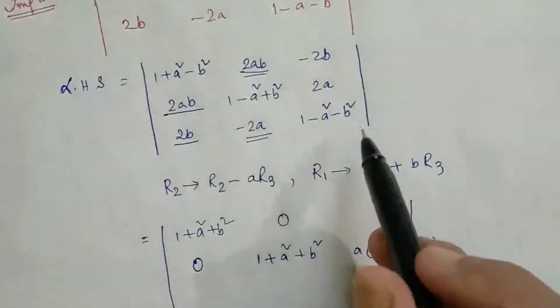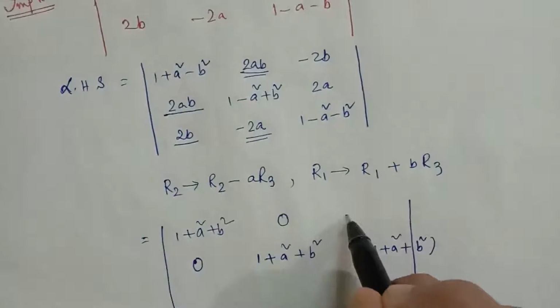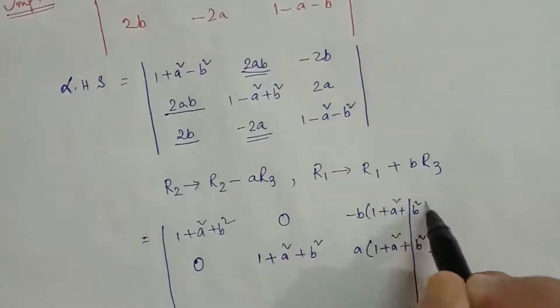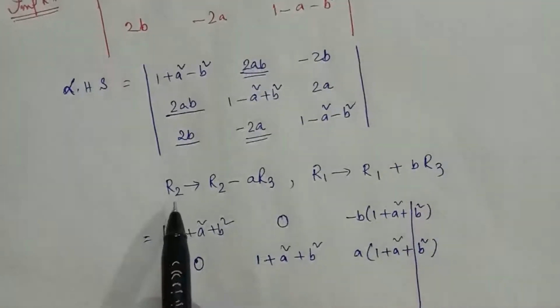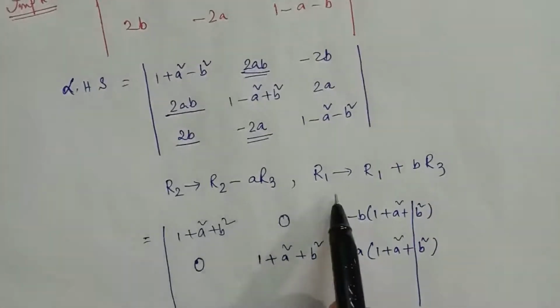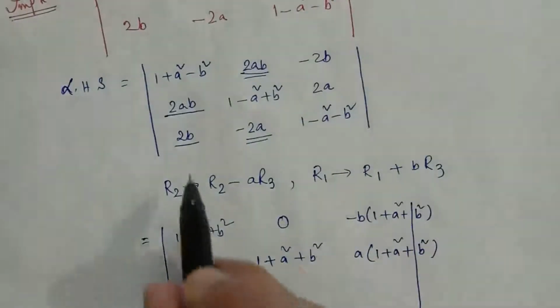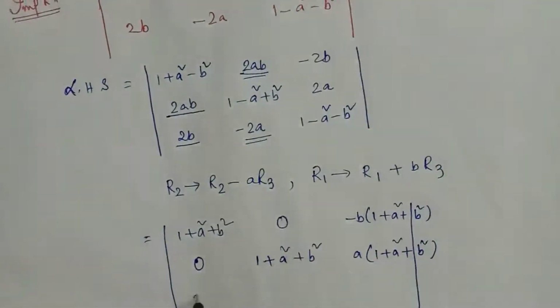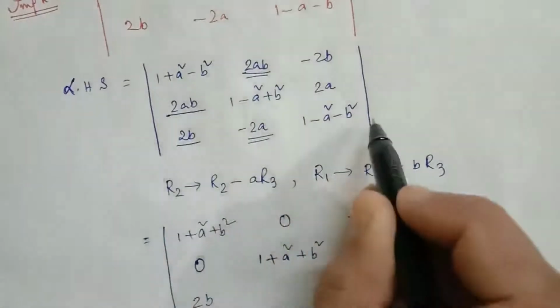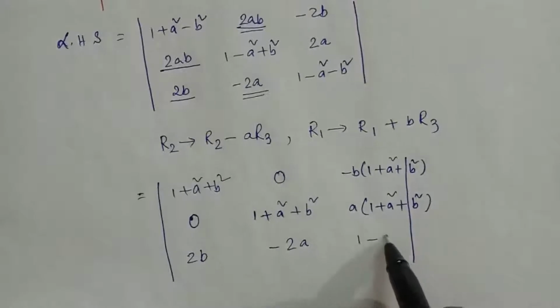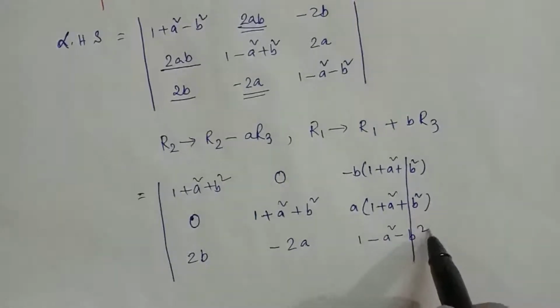And minus 2b plus b into this will give us minus b into (1 plus a square plus b square). You can see our R2 has changed, R1 is also changed. What is unchanged here? R3. So R3 will be the same: 2b, minus 2a, 1 minus a square minus b square.